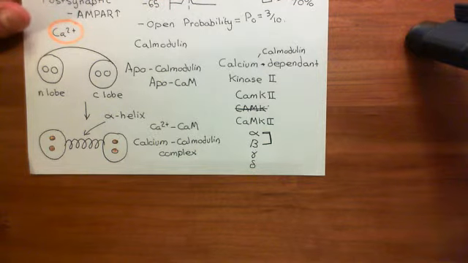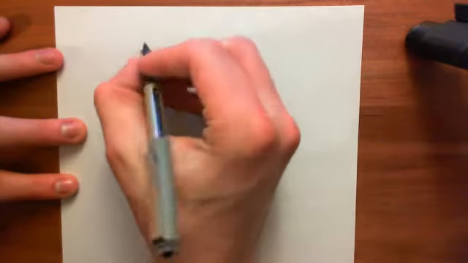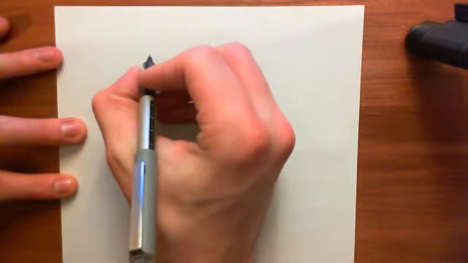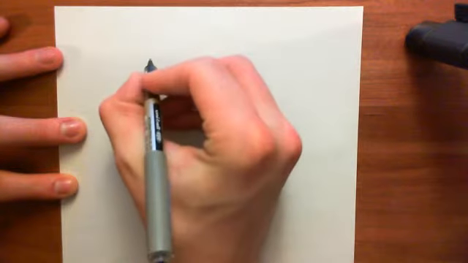Right, so what I want to now discuss is the structure of CAM kinase 2 and how it joins together to form these hollow enzymes. I'm going to show you a cartoon of a single CAM kinase 2 molecule, and then we'll discuss how they oligomerize together into sets of 12, and I'll draw you a nice picture for this.